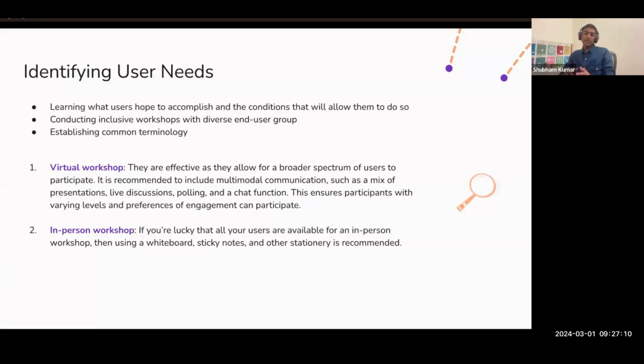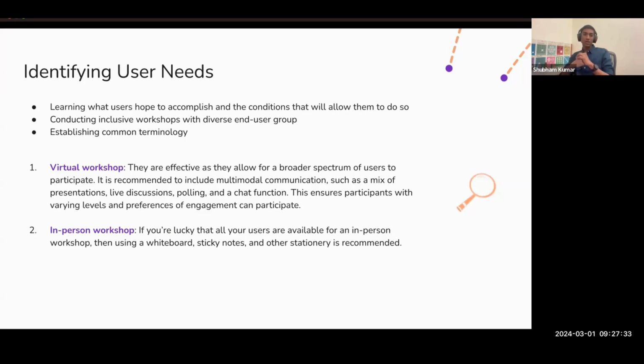In this, I think the number one thing really is to understand that there are certain things that users hope to accomplish, with the conditions that allow them to do so. And something that you would be able to do to capture those hopes that they have is through workshops.